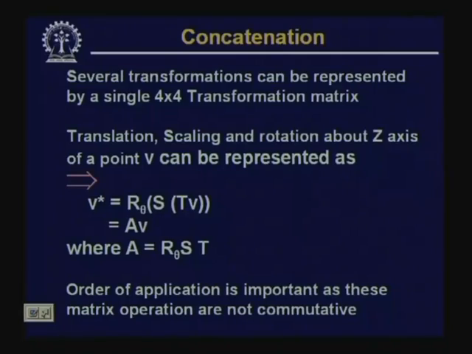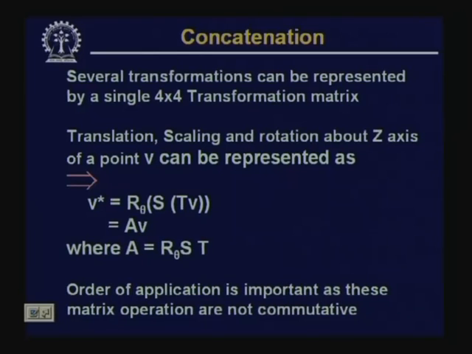So, if I want to concatenate these different transformations, that is translation, scaling and rotation, and if I want to rotate a point about the z axis, then this can be concatenated as: first you translate the point v by the translation operation t or the translation matrix t, then you perform scaling, then you perform rotation, and this rotation is r theta.